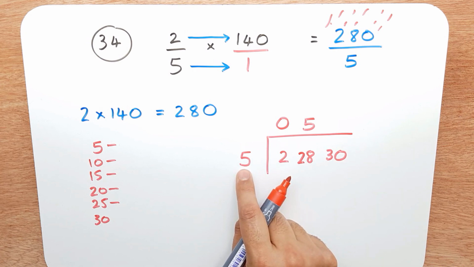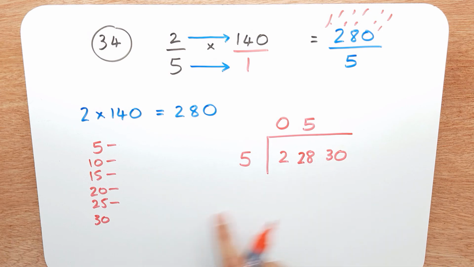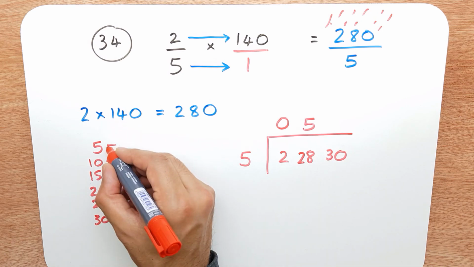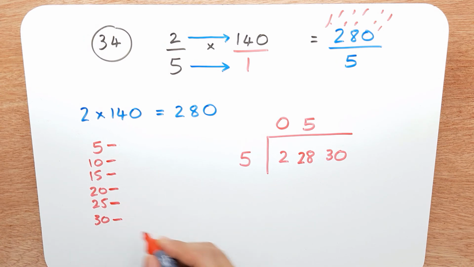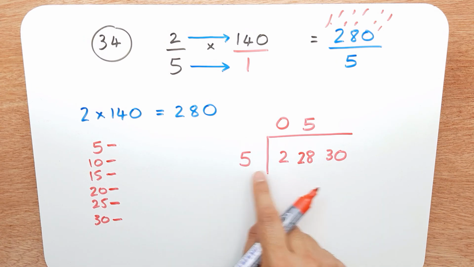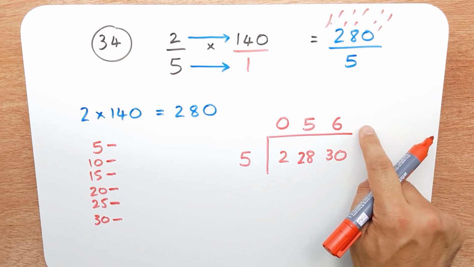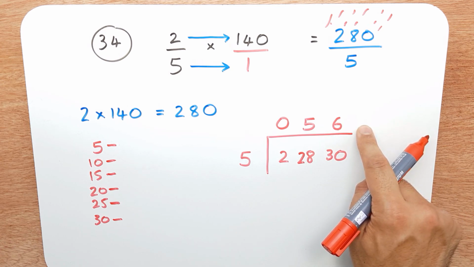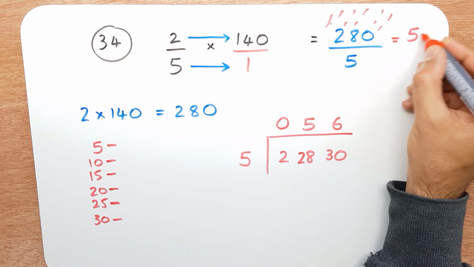How many 5s are there in 30? Again, I can use this: 1, 2, 3, 4, 5, 6. So 30 divided by 5 is 6. So my answer is 56.